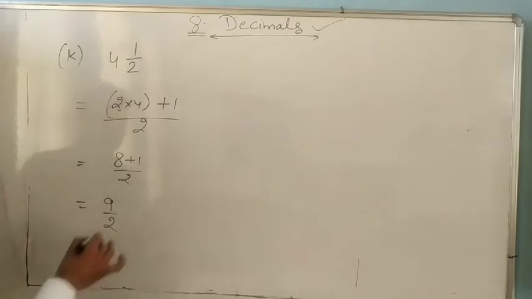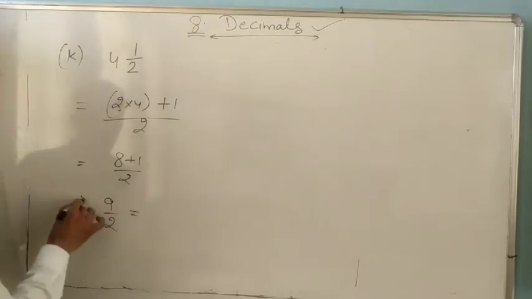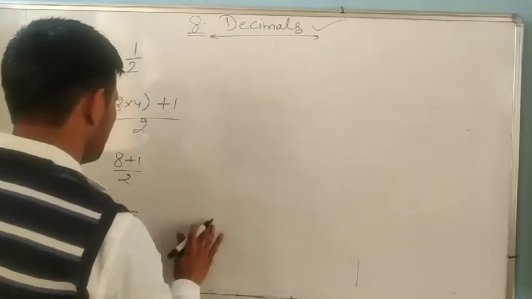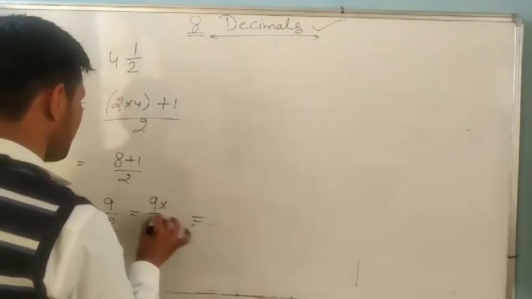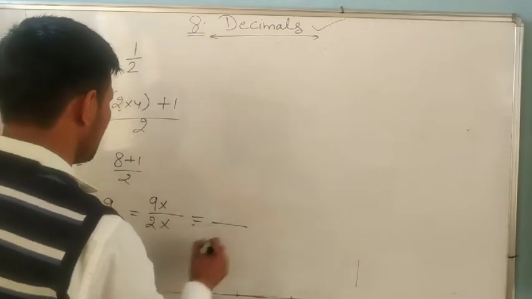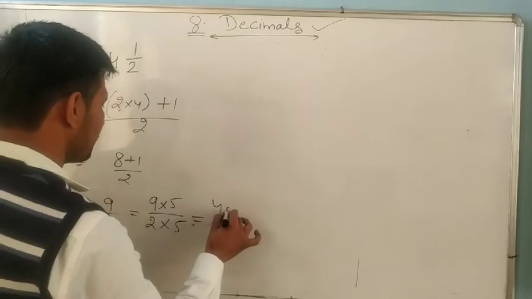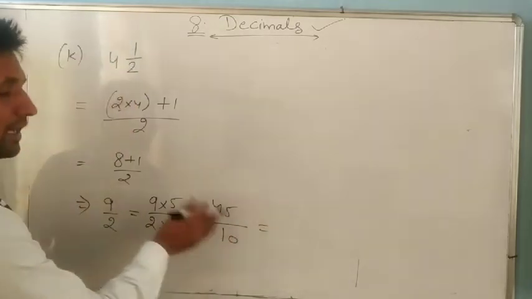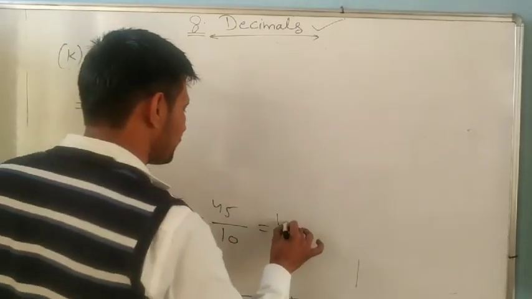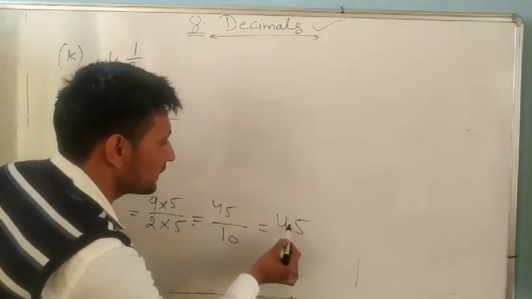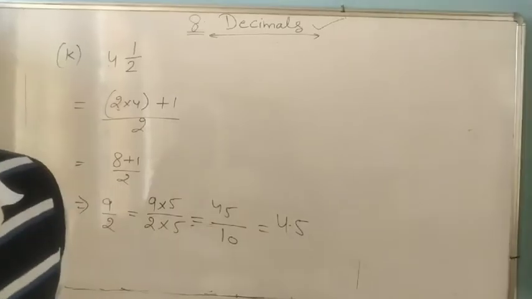So same as it is. Here there is not 0 in the denominator, we observe here is 2 in denominator, but we want to make 10 or 100. So what number will you multiply by 2 to make it 10? 5. So 45 upon 10. How many 0 in denominator? 1. So it means after decimal only one digit. So 4.5. After decimal, how many digits? Only 1. It is your answer. Okay.